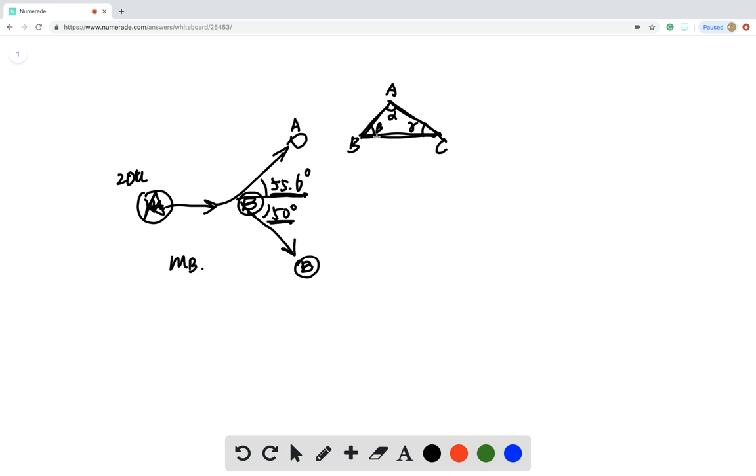The law of sines says that for any two different sides, say side BC and side AC, the ratio of their lengths is equal to the ratio of the sine of the angle opposing it. So for BC, it's facing angle alpha, so it's sine alpha. And for AC, it's facing angle beta. So the length of BC over AC is equal to the ratio of the sines of the angles facing the sides. So that is the law of sines.